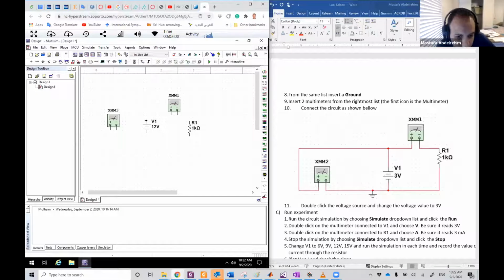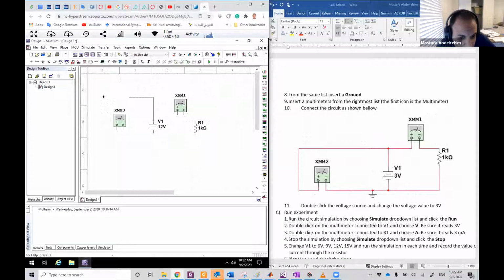So we're going to connect the positive of the voltage source to the positive of the voltmeter, and we can do it that way just to avoid the crossings. Then connect the negative of the voltmeter to the negative terminal of the multimeter.